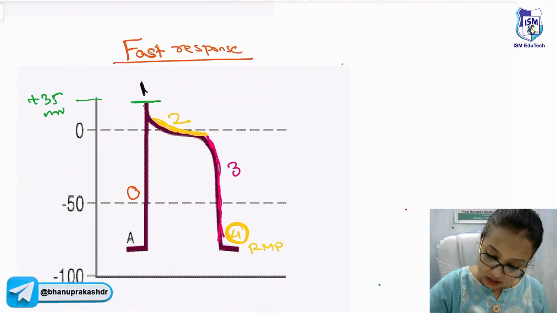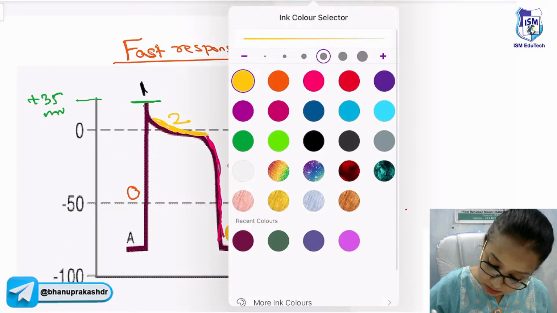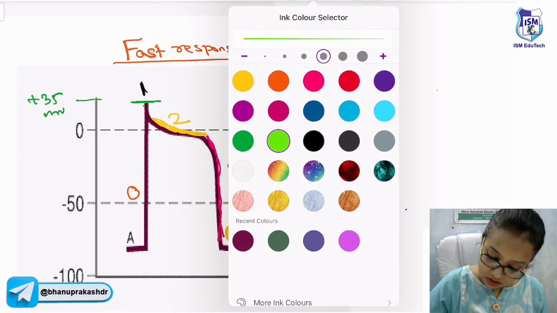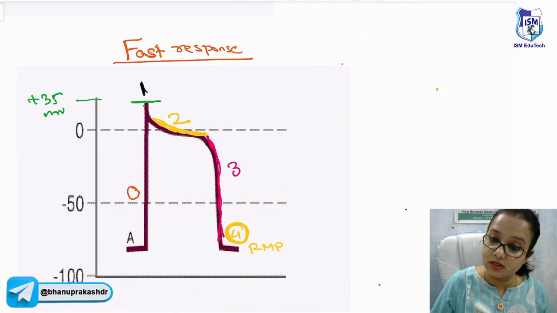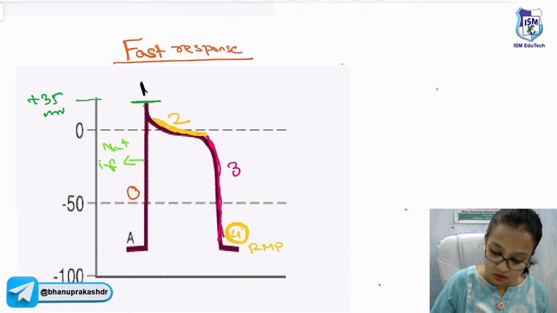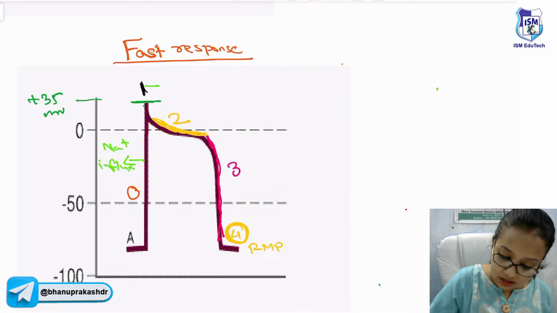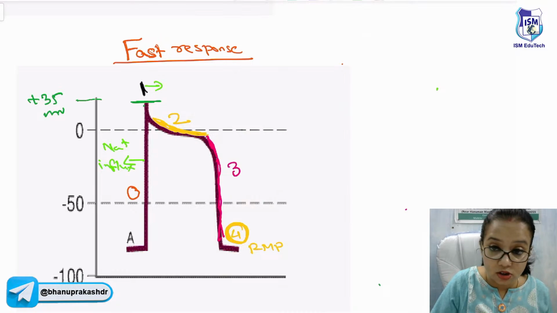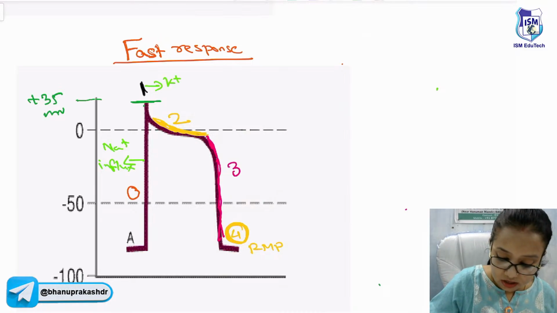Now, very quickly for the revision part, if we have to remember, what is happening in the zero phase? Sodium influx, as usual. What is happening in the beginning of the repolarization phase?